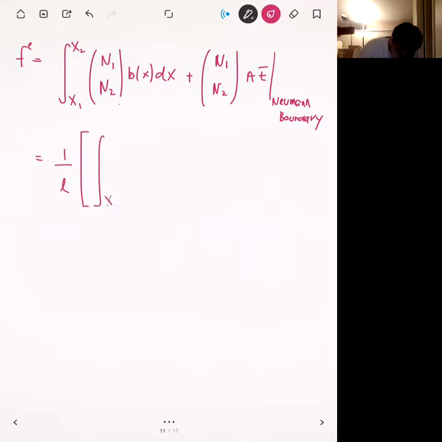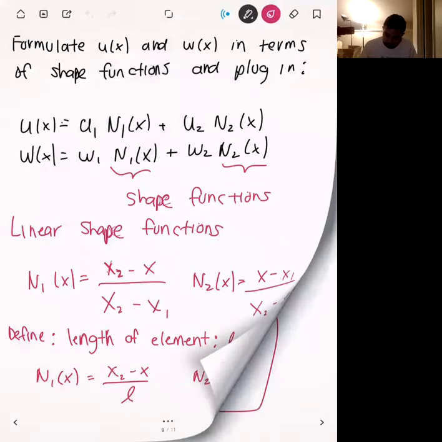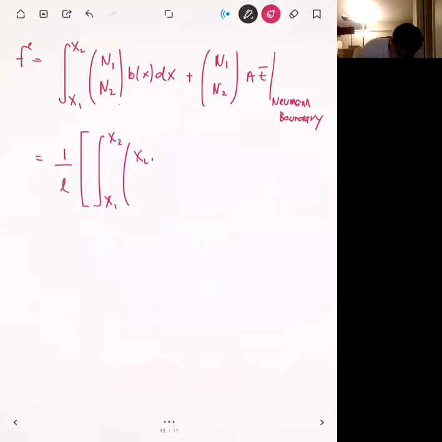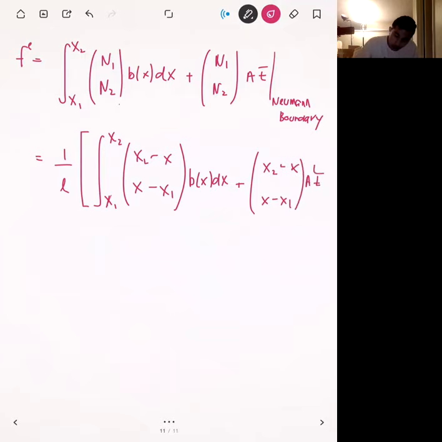Integral from x1 to x2 of, remember N1 here is x2 minus x, so we have x2 minus x, and then x minus x1, times b of x dx, plus x2 minus x, x minus x1, times A t bar, where we plug in the value of x where we're at the Neumann boundary condition.